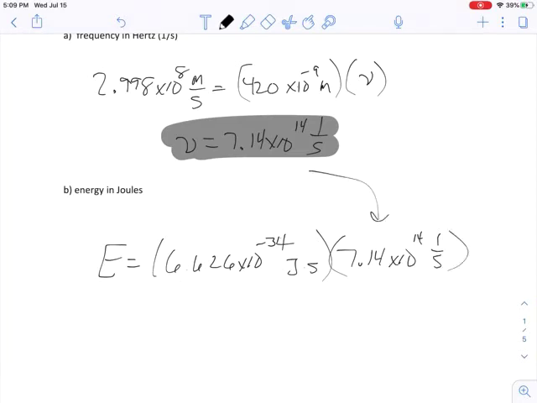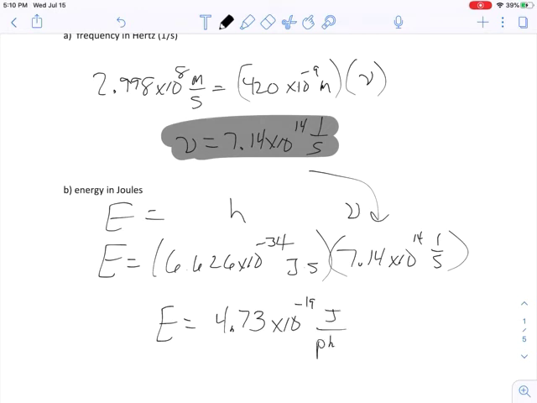Again, that is simply our answer from before, because again, energy is equal to h times the frequency. So multiply those two together and you have your answer. So if you do the math on that, you should get, if I have done my math correctly, no guarantee I have, of about 4.73 times 10 to the negative 19th, and that's joules, and that's for one photon there, right?